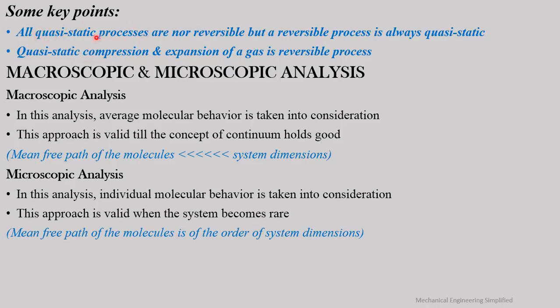If a process is occurring infinitely slow, that does not mean it is reversible. For a process to be reversible, those three conditions which I told you in the earlier slide need to be followed. Okay, and if any process follows those three conditions, it becomes reversible, and it is always quasi-static. Okay, then quasi-static compression and expansion of a gas is a reversible process.